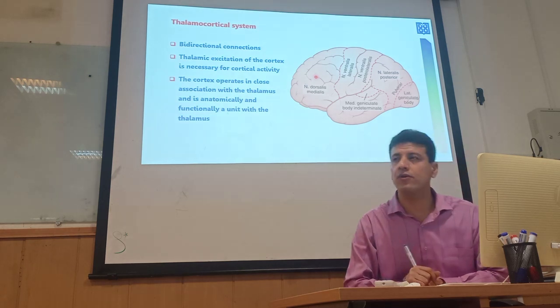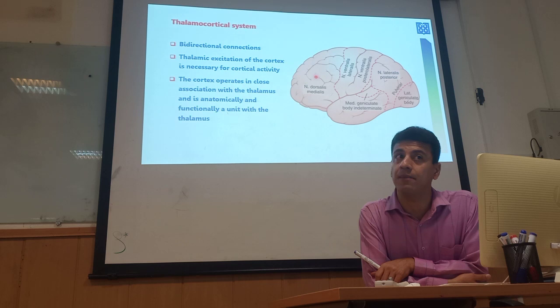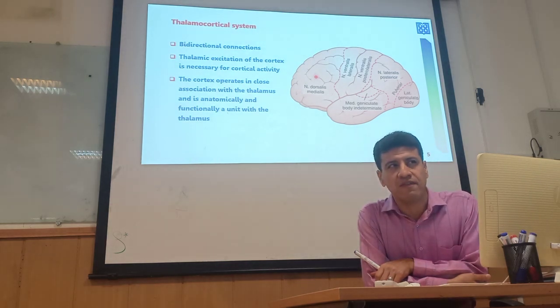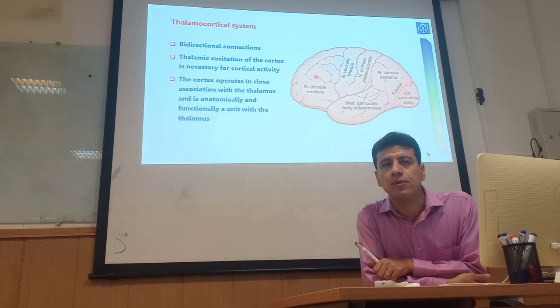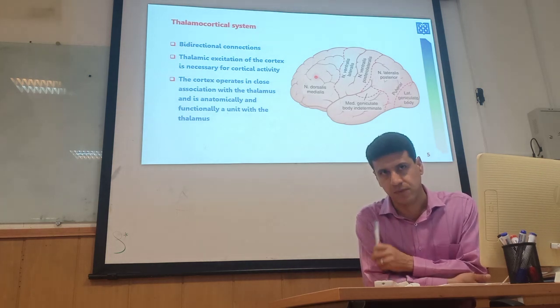So each area of the cortex is also connected with a specific nuclei in the thalamus. Right? So you can name some of them. Somatosensory cortex is connected to ventral posterior nucleus, lateral part, medial part, right?